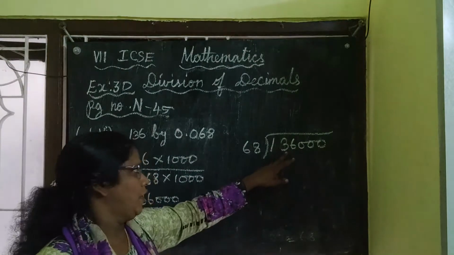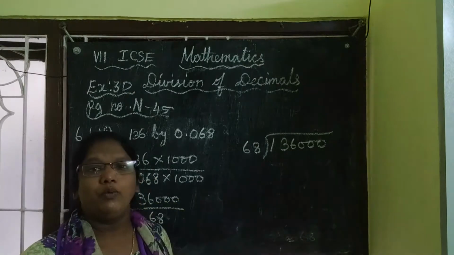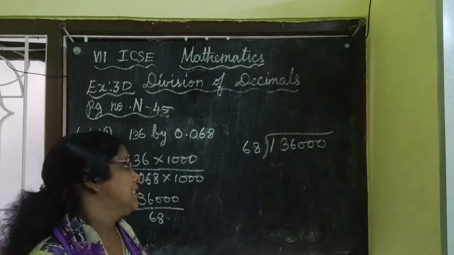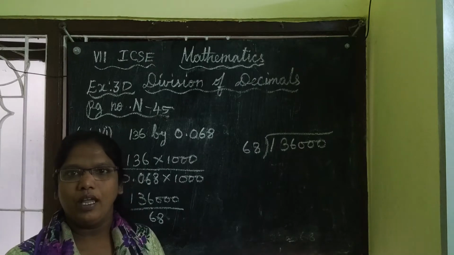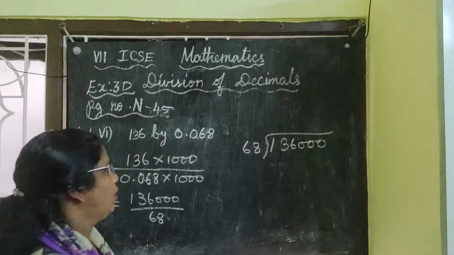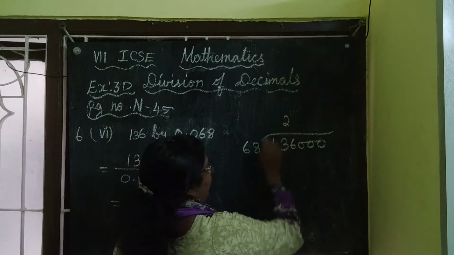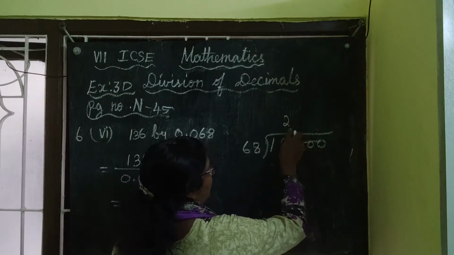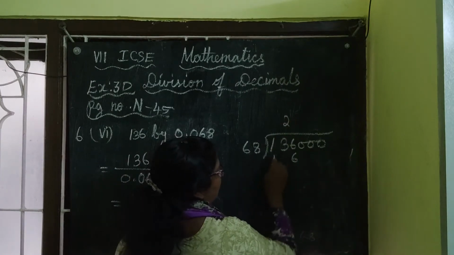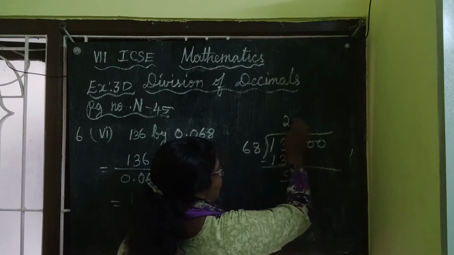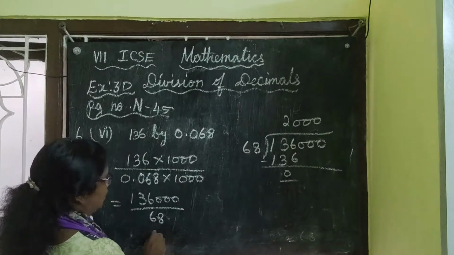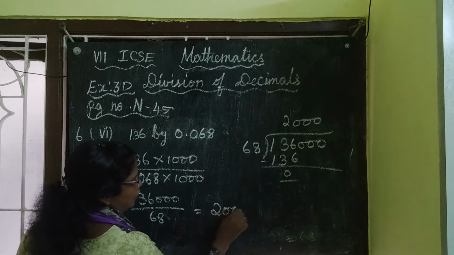In one we don't have, we don't have 136. In 136, how many 68s are there? 60, 60, 120, 8 plus 8, 16. So 2 times, 2 8s are 16, remainder 1, 2 6s are 12, 12 plus 1, 13. So 136, 0, these 3 zeros you add here. So your answer is 2000.